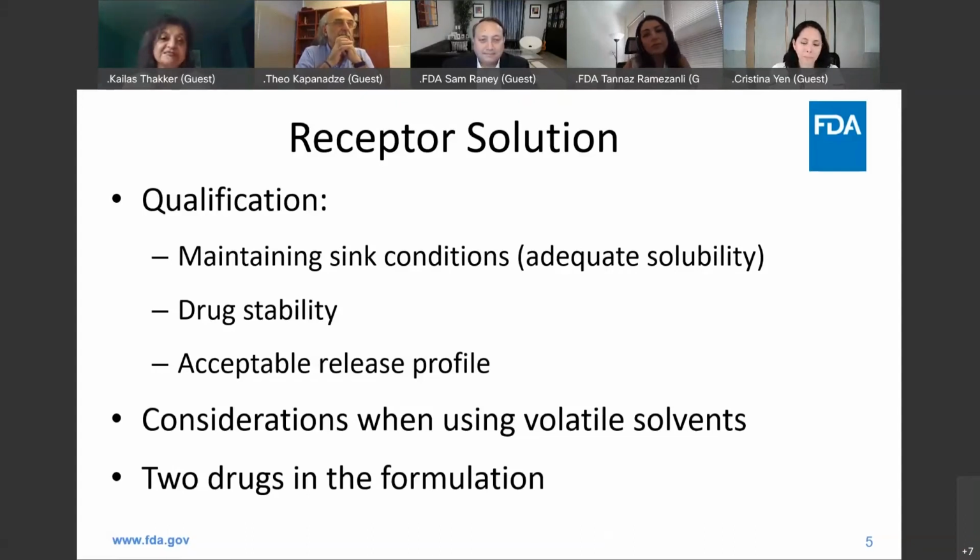That doesn't always happen. Oftentimes we have to develop two separate IVRT methods for two very different APIs, and you just have to deal with it. Sometimes you would be able to use one HPLC method.